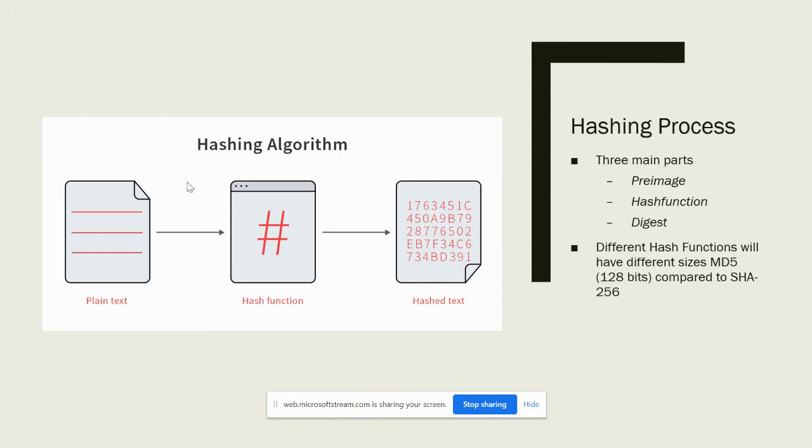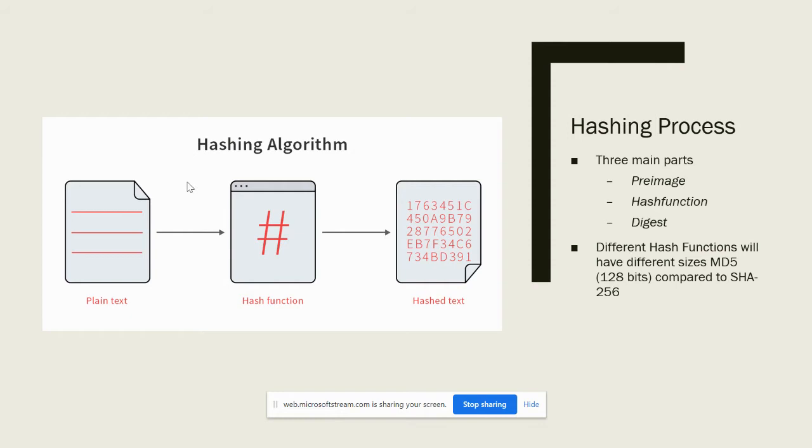Now, hash functions always produce a fixed output size. However, different hash functions will have different output sizes. An example would be if we put in the word cat and put it through the hash function, it would create a four number output.